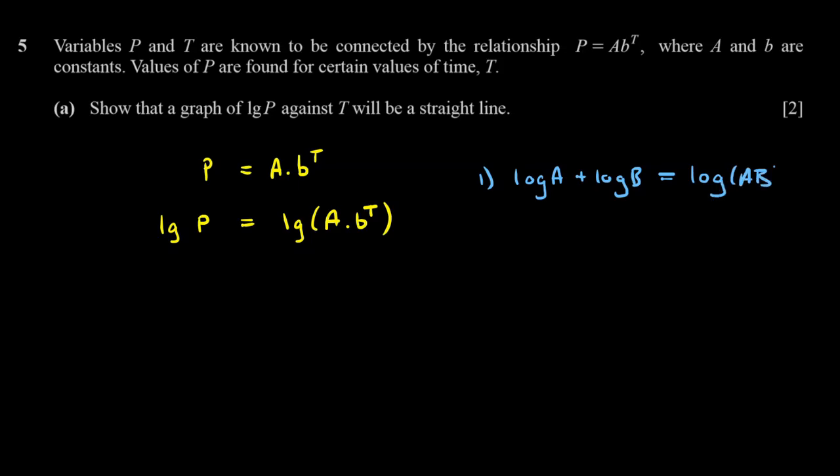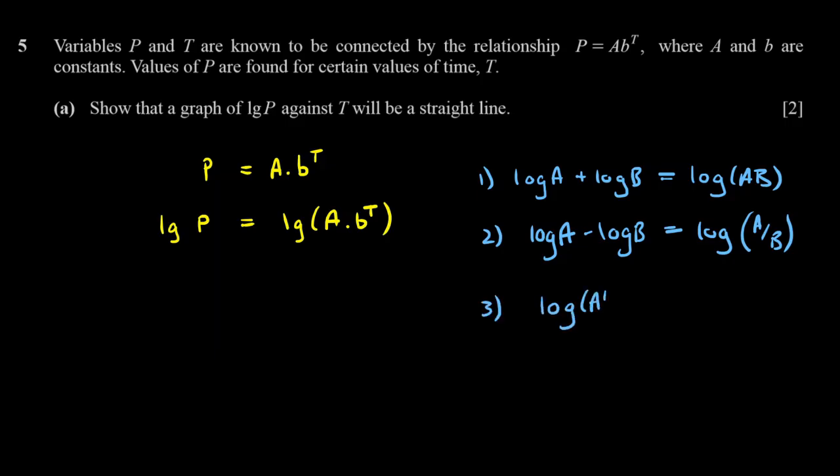Then the second log rule, which I don't think we're using in this question, but I'll state it anyway: the log of a minus the log of b is equal to the log of a divided by b. And lastly, rule number 3: if I've got the log of a to the power of p, then that is equal to p times log a. These are the 3 rules.